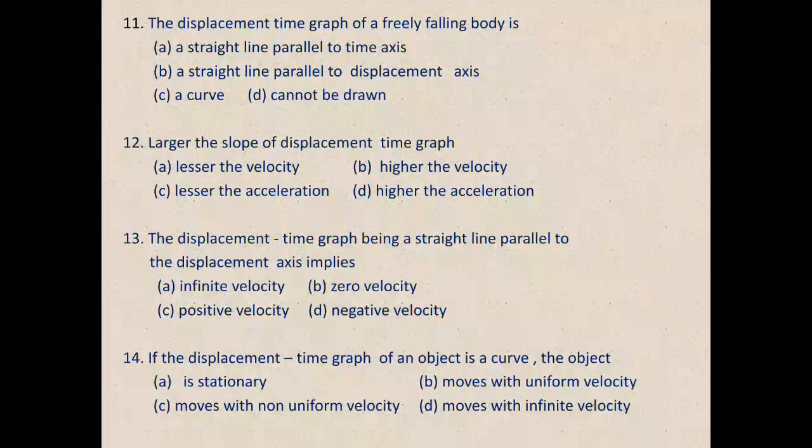Question 13. The displacement time graph being a straight line parallel to the displacement axis implies number A, infinite velocity, number B, zero velocity, number C, positive velocity, number D, negative velocity.